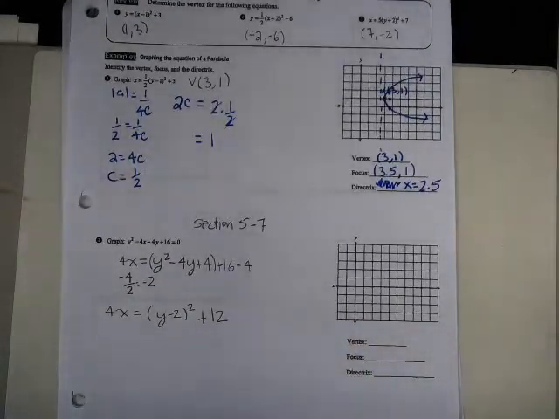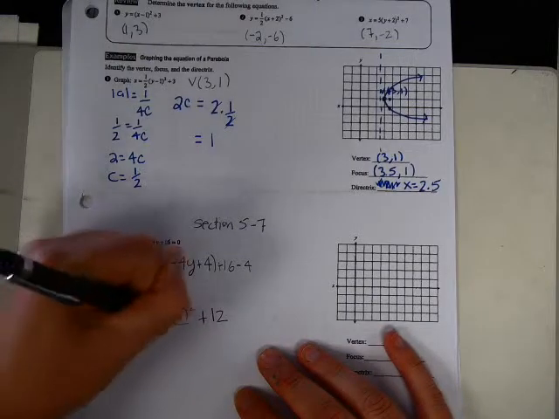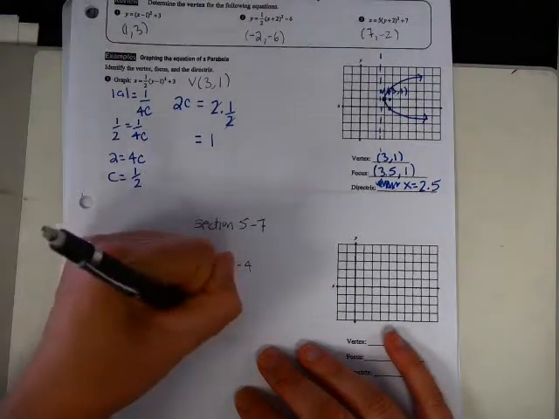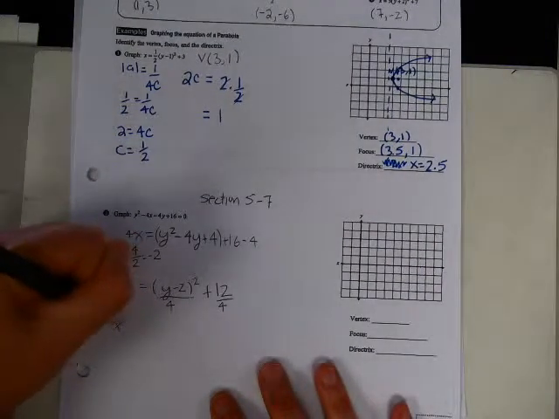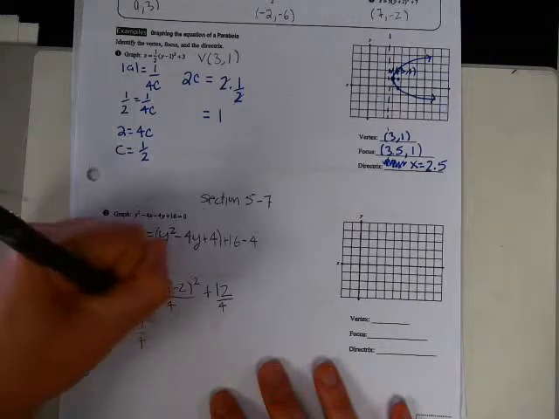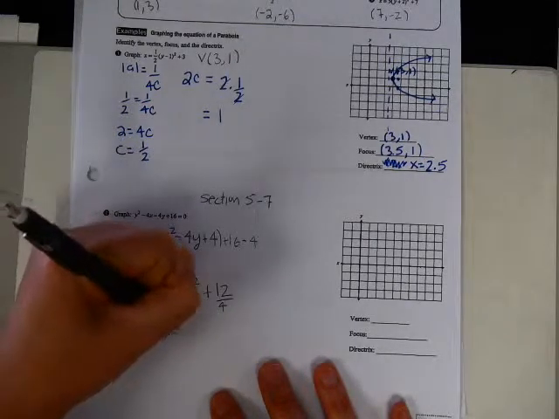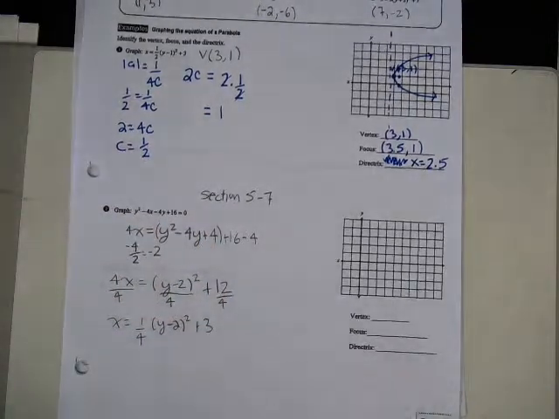So I'm going to divide each piece by 4. I now have x equals 1/4 times (y minus 2) squared plus 3.